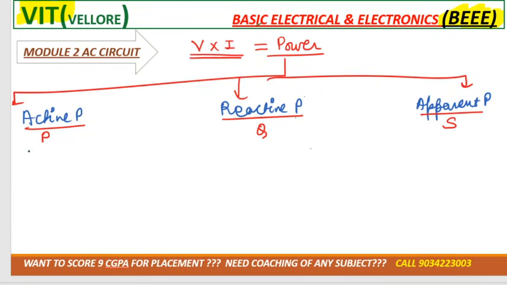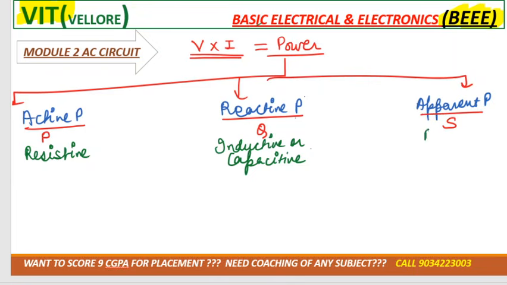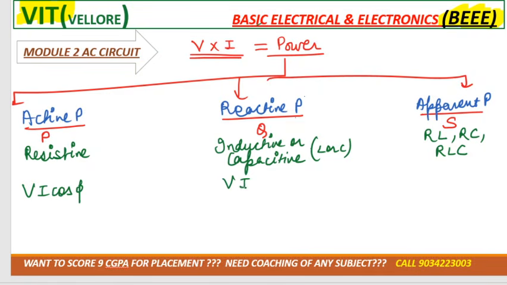Active power is used where a resistive load is there. Reactive power is used where an inductive or capacitive load is there. Apparent power is used where there is a combination of RL, RC and RLC. Active power formula is VI cos phi. Reactive power formula is VI sin phi.